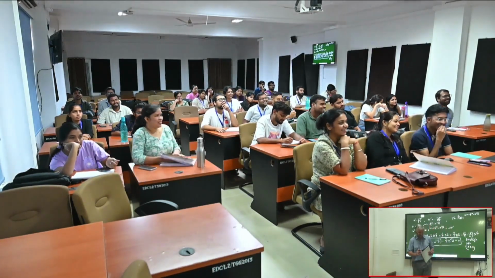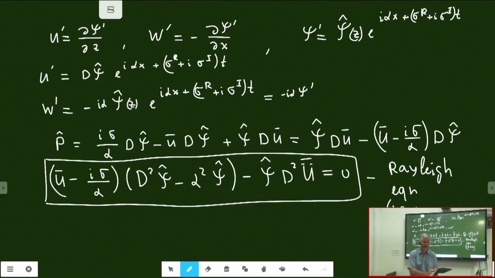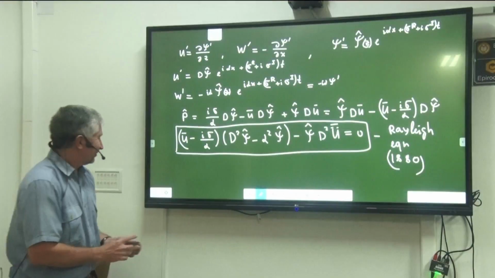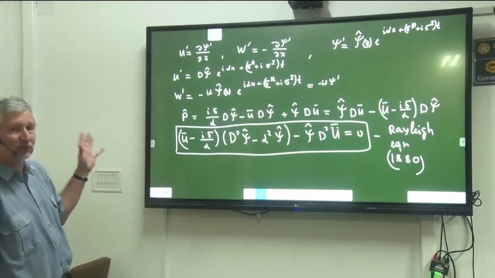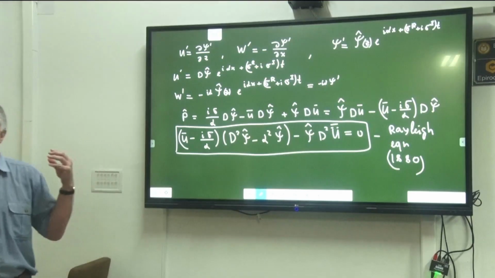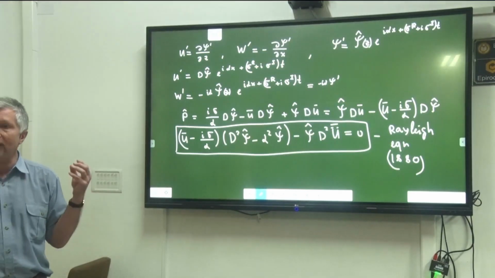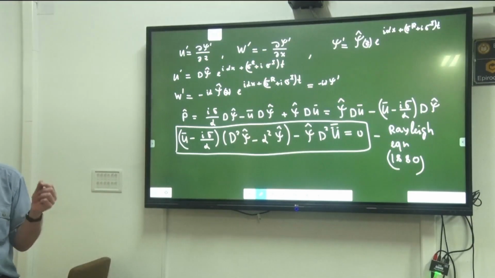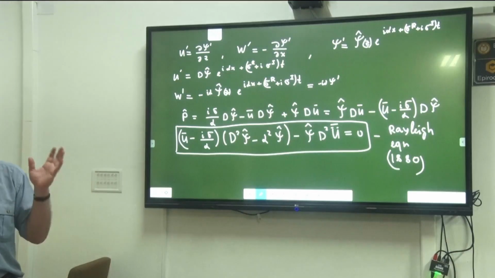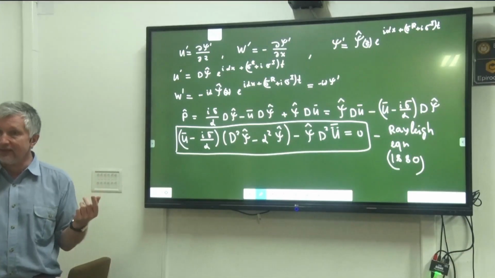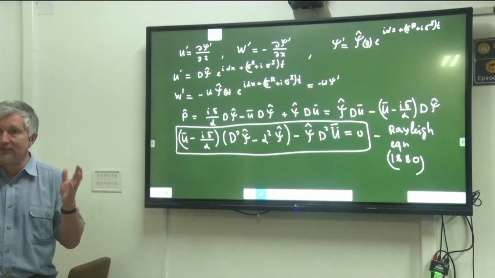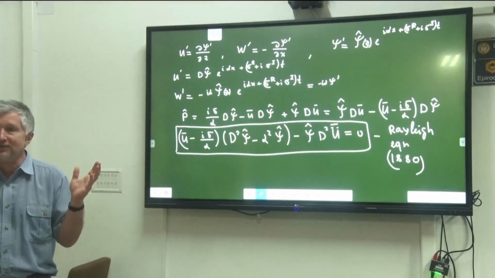All right, so not many people can do it now, right, in the age of computers. But this is the famous Rayleigh equation, which is derived to describe the stability of inviscid flows. At this stage, we still have not defined what u of z is. We just know that it is some function, but we didn't say what it is.